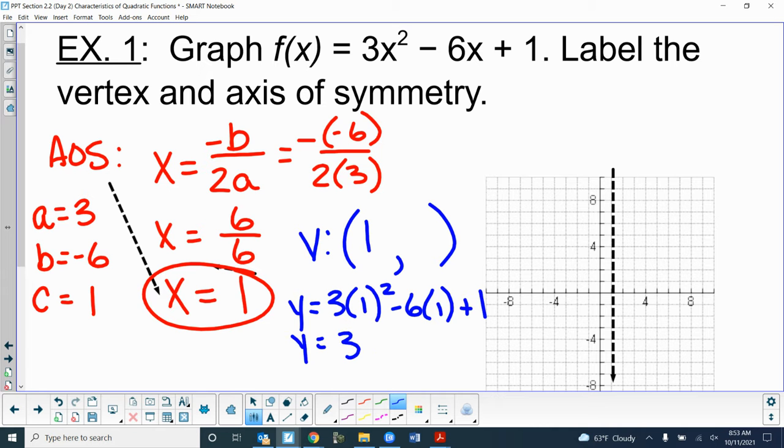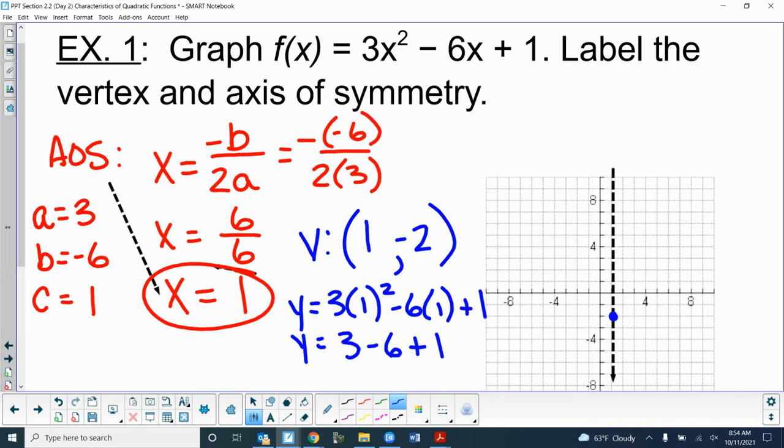What's negative 6 times 1? Negative 6, plus 1. So 3 minus 6 is negative 3, plus 1 is negative 2. So there's our vertex, (1, -2). Is my a positive or negative? Positive. So which way is it going to open? Up.